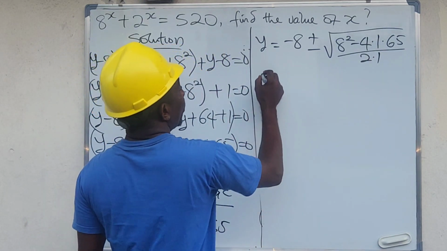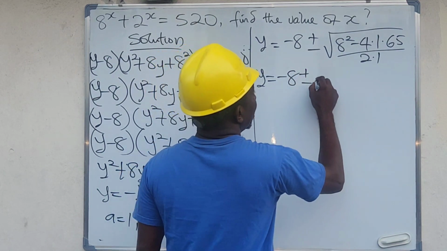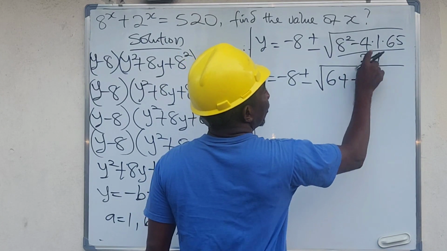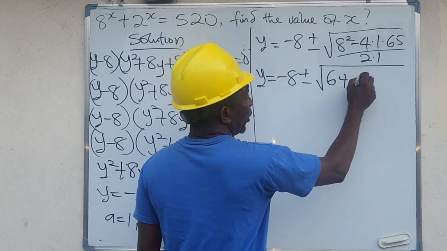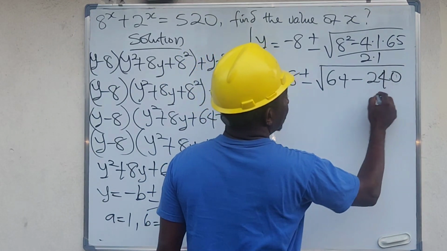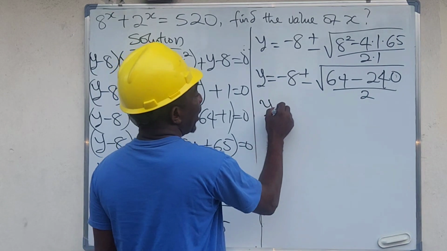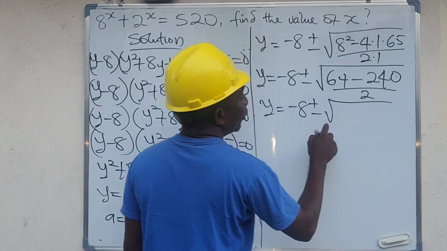So in this case, we have y equals minus 8 plus or minus the square root of 64 minus 4 times 1 times 65, which gives us 240, all over 2 times 1, which is 2.